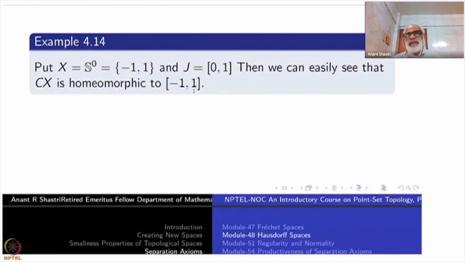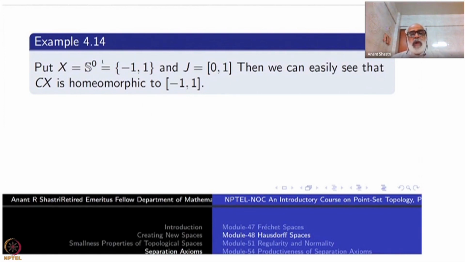So the minus 1 copy is there, the plus 1 copy is there. Those minus 1 and plus 1 cross 0 will come together. So you will get a V shape, right? But the V shape is homeomorphic to the closed interval from minus 1 to plus 1. Okay. So this is the very simplest case.